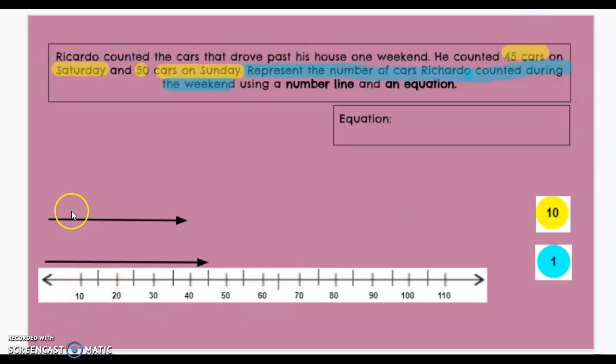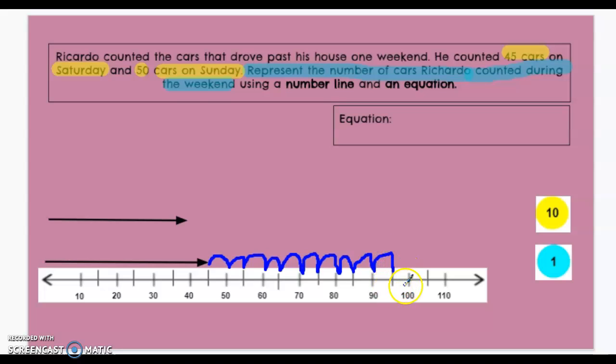Okay, so I put my first one, Saturday, on 45. Now on Sunday, he counted an additional 50 cars. And I'm going to show you this using little jumps, okay? So this would be 5, 10, 15, 20, 25, 30, 35, 40, 45, 50.